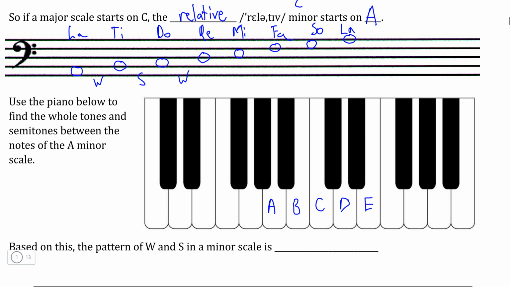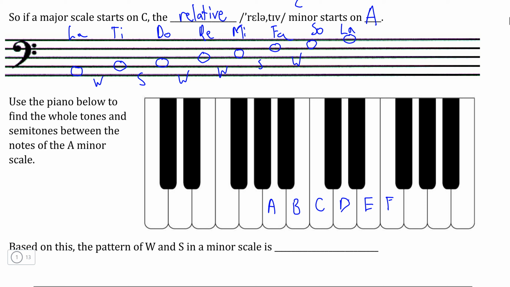D to E is another whole tone. Then when we check E to F, this is our second semitone because there is no key in between the E and F white keys on the piano.